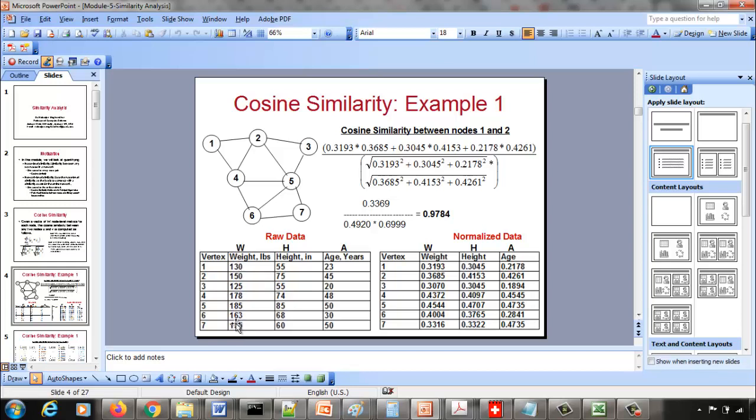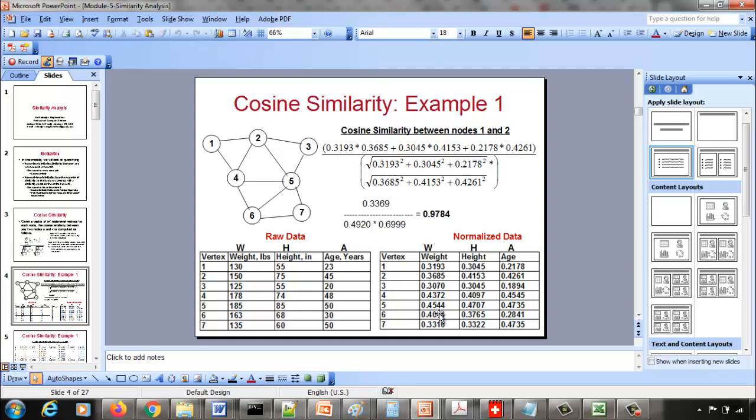Whatever we get as the normalized value, we divide this 130 by that normalized value. Then all these data here will be in a range of 0 to 1. That's what we have done in the past, using the square root of the sum of the squares.